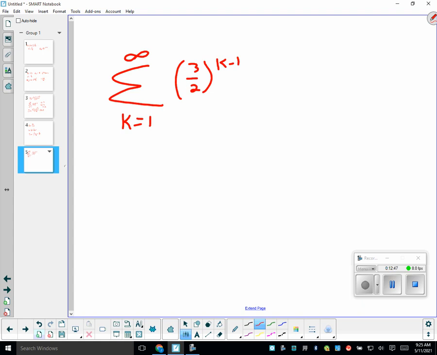For my formula, I need A sub 1. What's A sub 1? I think it's 1. Yeah, it is. What is R? What's A sub 2? 3 halves. So it's going to be 1 plus 3/2 plus so on.